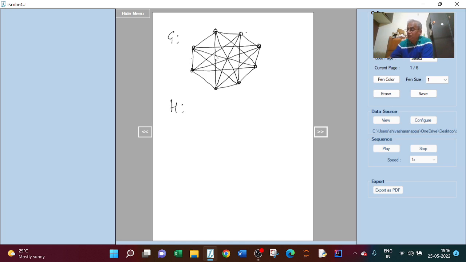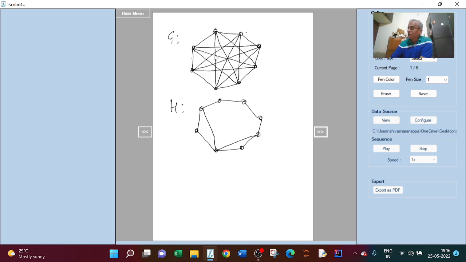And next I will write one more graph here, H. Again 1, 2, 3, 4, 5, 6, 7, 8. Make a cycle first. And then I'll add some more edges.